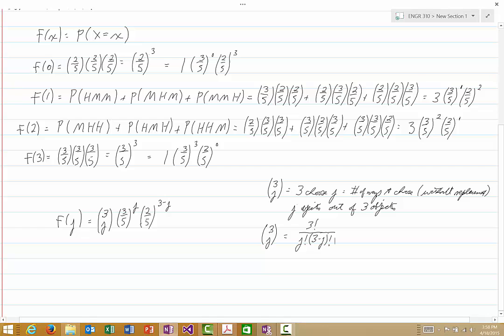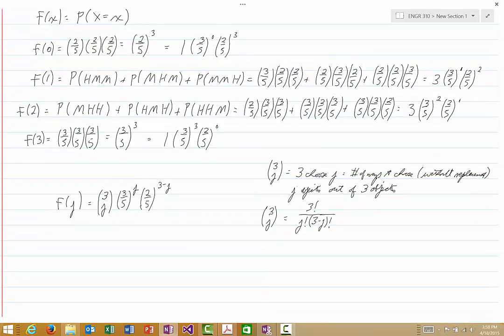And if you calculate 3 choose 0, that would be 3 factorial over 0 factorial times 3 factorial. Now 0 factorial is defined to be equal to 1. So 3 factorial over 1 times 3 factorial, so that's 1.